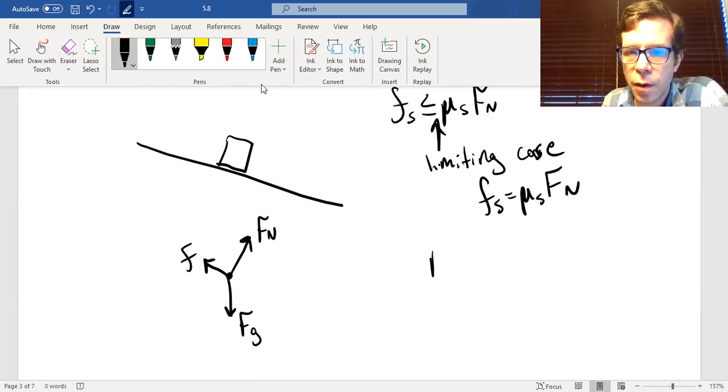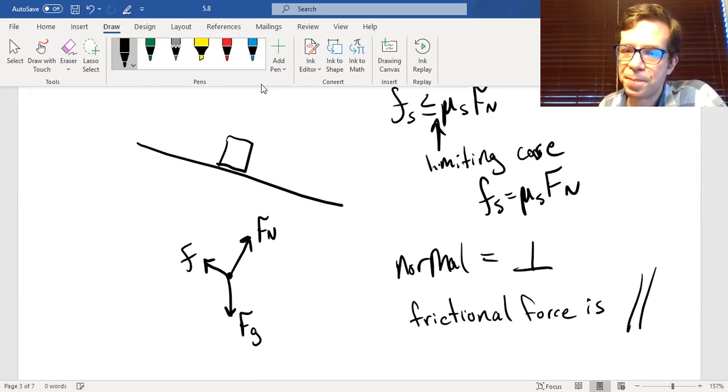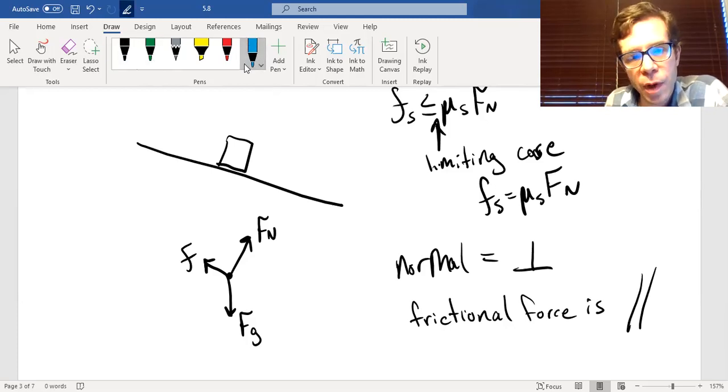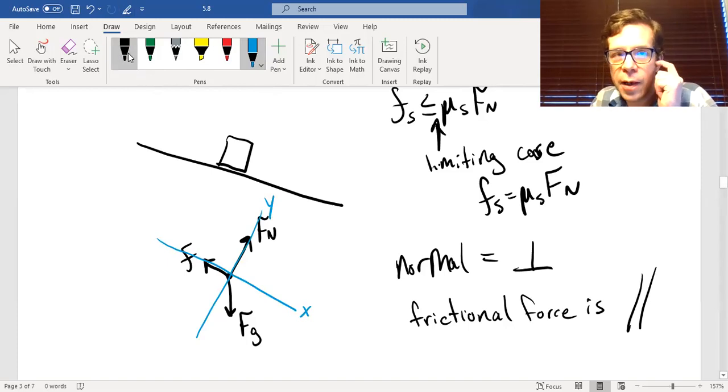We said this before when we were introducing contact forces, but it's been a while. Normal means perpendicular, and frictional force is parallel. Parallel to our surface, we have a frictional force. Perpendicular to our surface, we have a normal force. And if we slide, we're going to slide down the ramp.